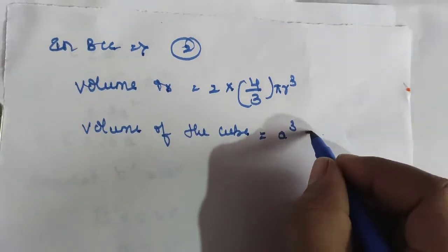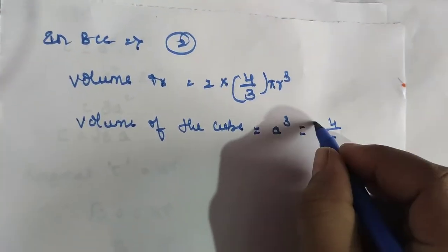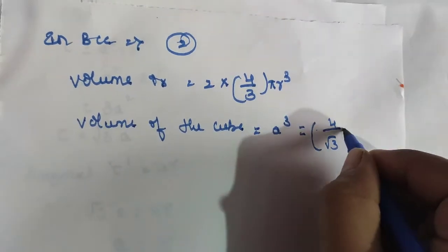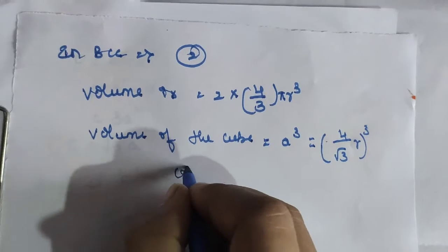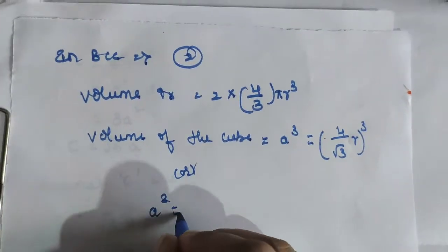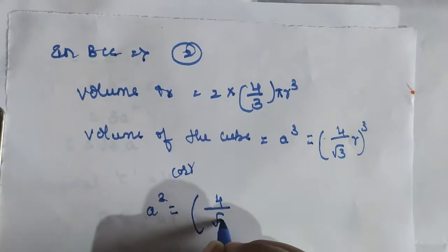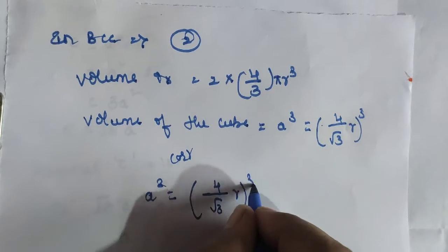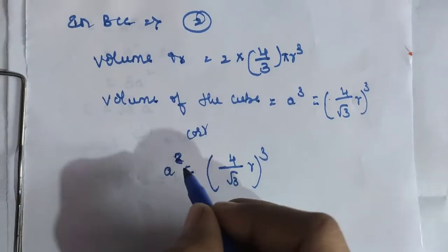That must be equal to 4 by root 3 whole cube, or you can take a cube is equal to 4 by root 3 whole cube. So this is in a cube.